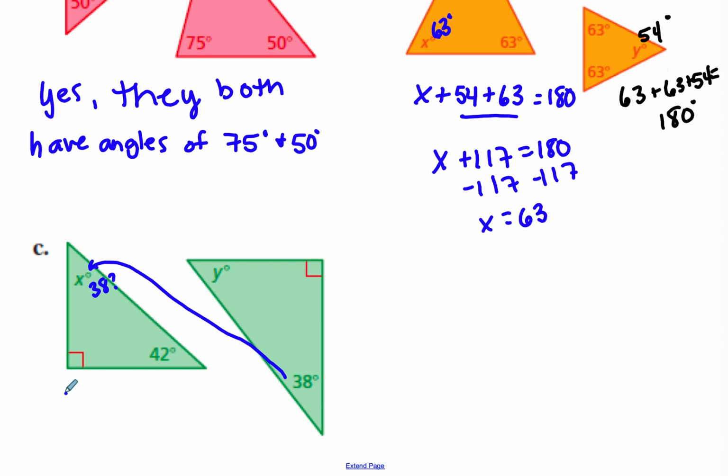I'm going to do 90 plus 38 plus 42, and then I want to see what it equals. If it equals 180, then I have similar triangles. So let's see, 38 plus 42 plus 90 gives me 170.